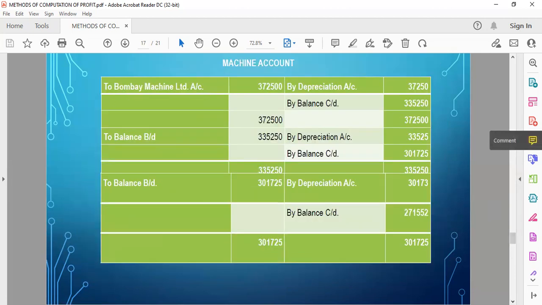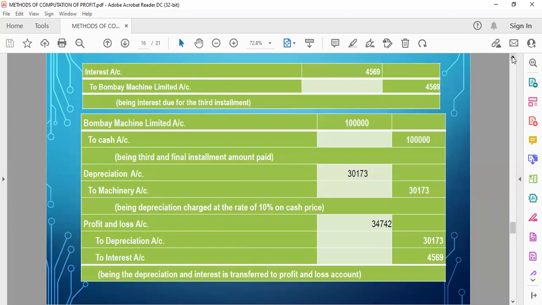You will get the balance amount, and from that balance amount we calculate the depreciation. Depreciation account 30,173 to machinery account 30,173, being depreciation charged at the rate of 10% on cash price.